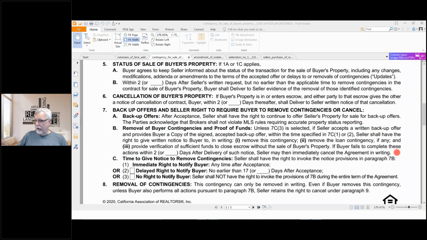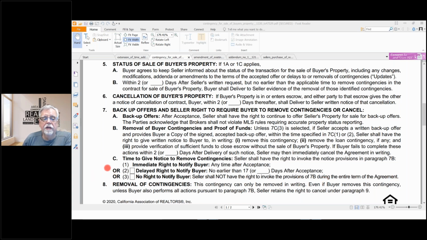And then you've got 2 days to remove your sale of property contingency to prove that you're going to be able to close without it, which of course is probably difficult to do because that's why you're doing it. There's a delayed right to do this. Seller does not have the right to do this.